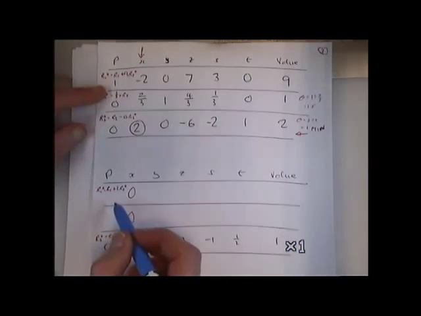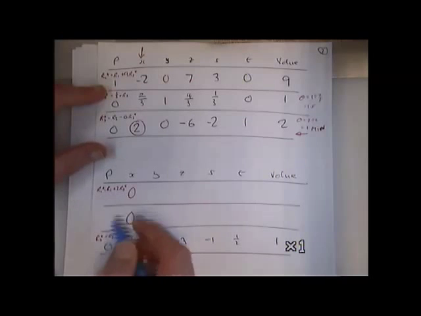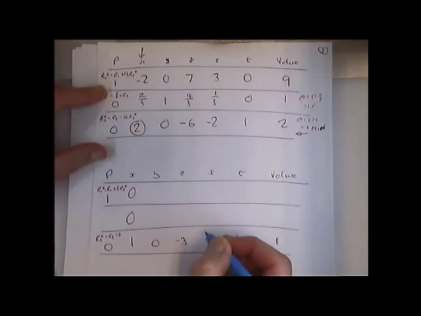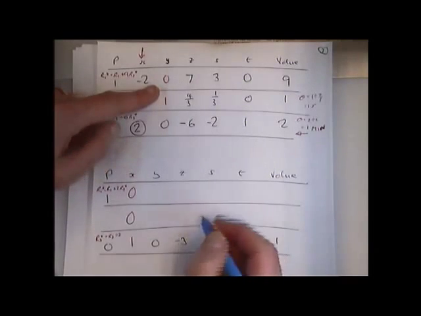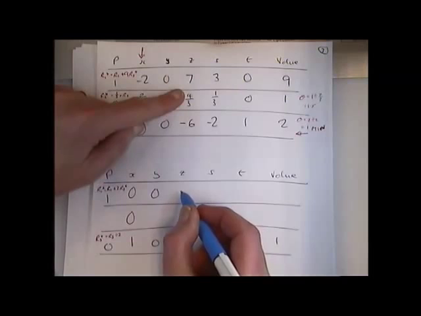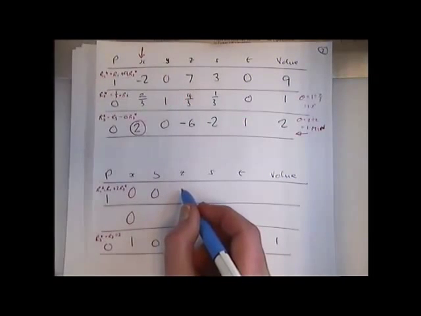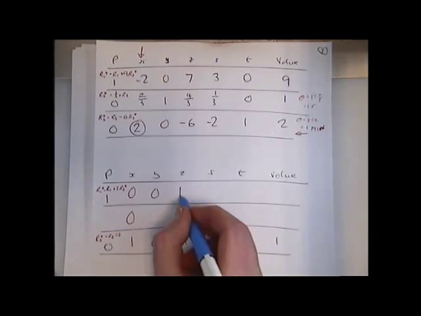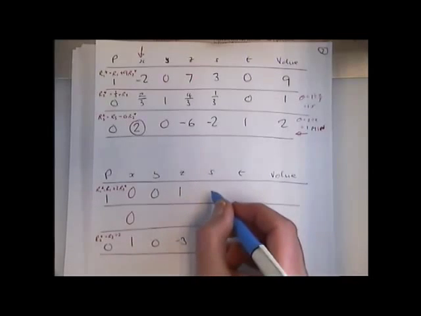So the first entry is going to be 1 plus 2 lots of 0. Skipping to the y column, it's going to be 0 plus 2 lots of 0. 7 plus 2 lots of -3. 3 plus 2 lots of -1.